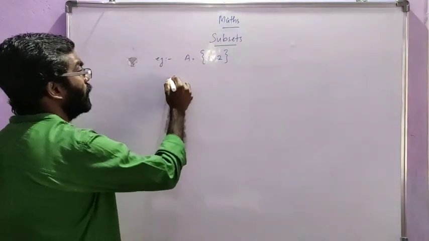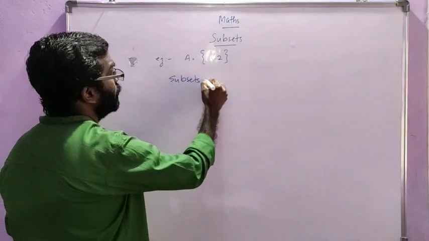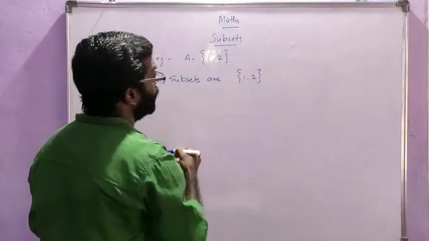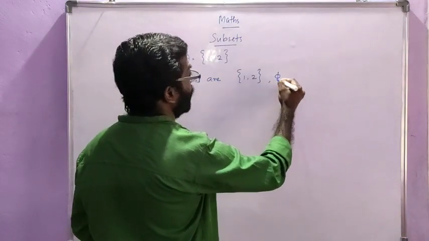So here the subsets are namely 1, 2, that means the same set, and the null set phi.